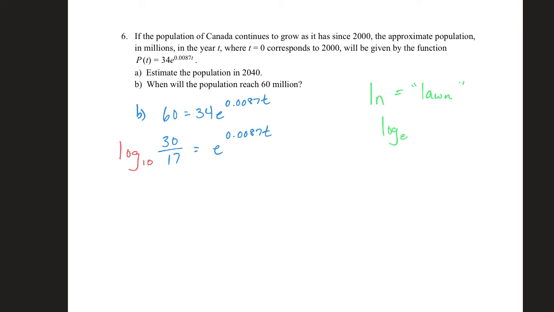So because I look at my blue equation and I see that I have a power base E, I might really like to take the ln of both sides. Now, for some people, you're going to look at it and go, no, I just want to keep taking my log. I'm fine with that.